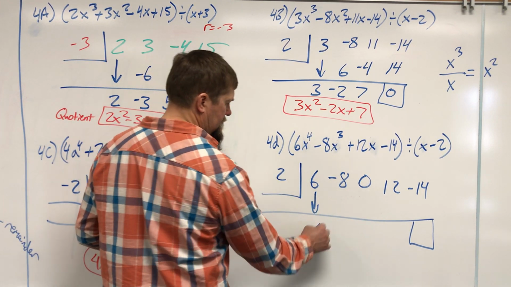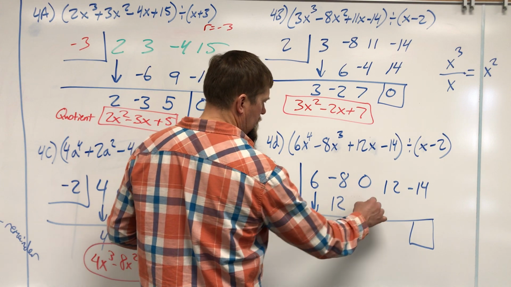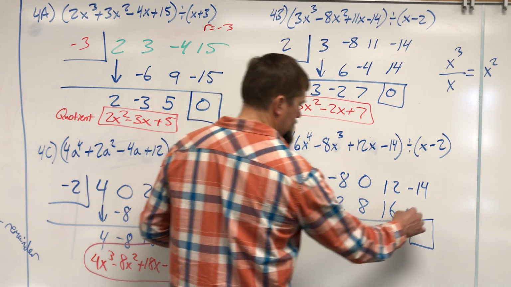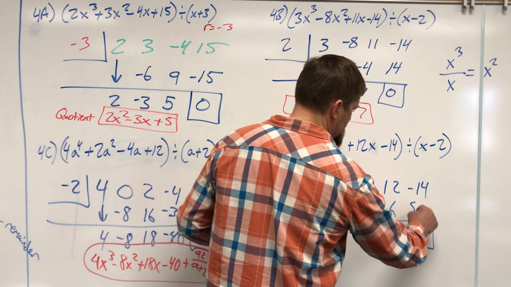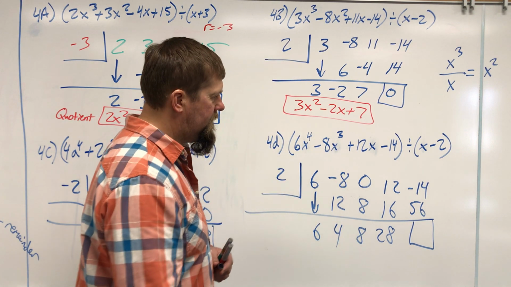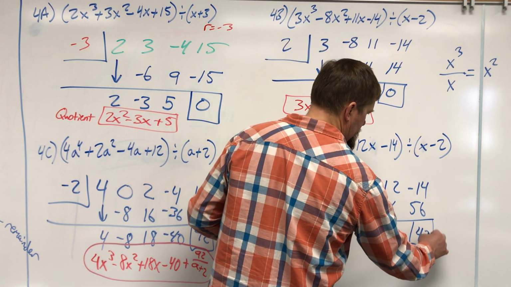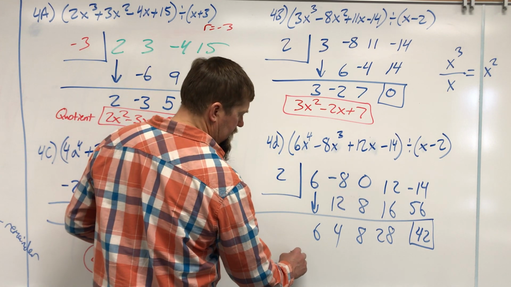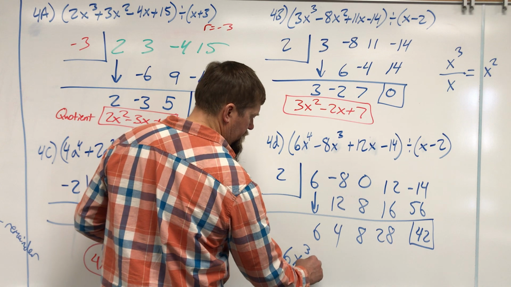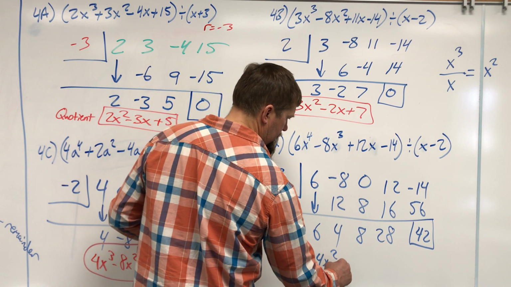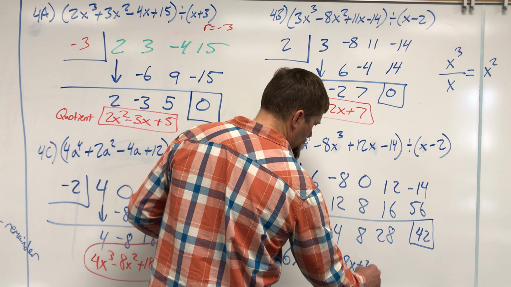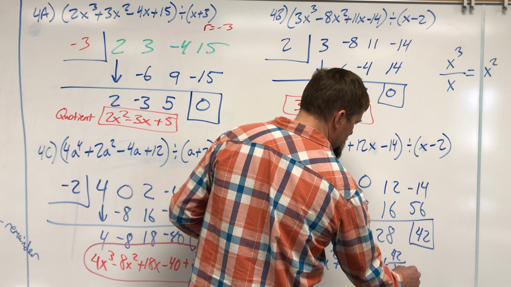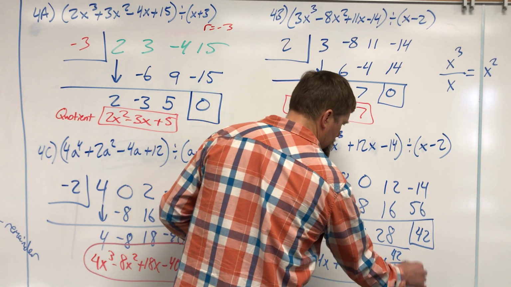Drop the 6, 12, 4, 8, 8, 16, 28, 56, and 42. So I end up with 6x cubed plus 4x squared plus 8x plus 28 plus 42 over x minus 2. There's my quotient.